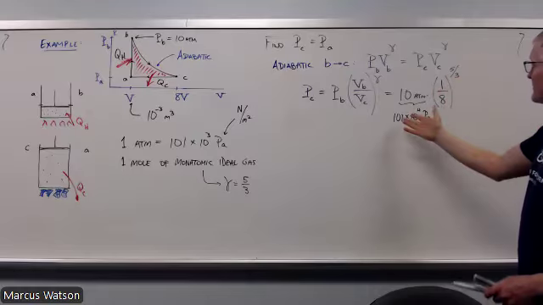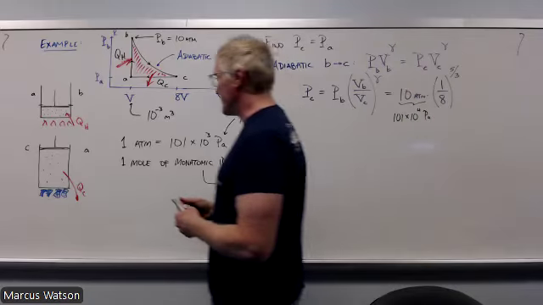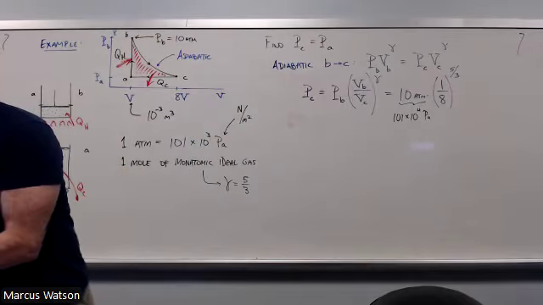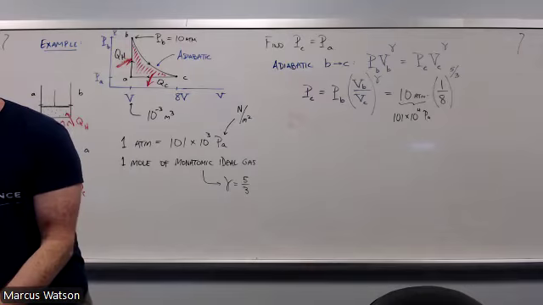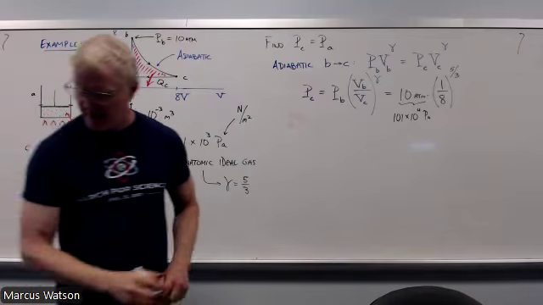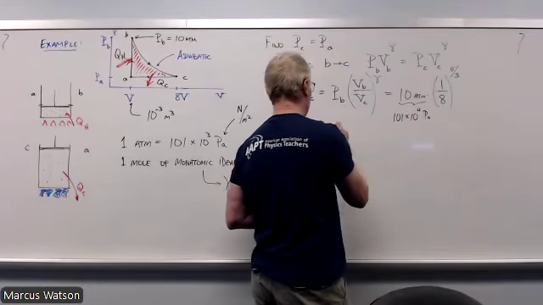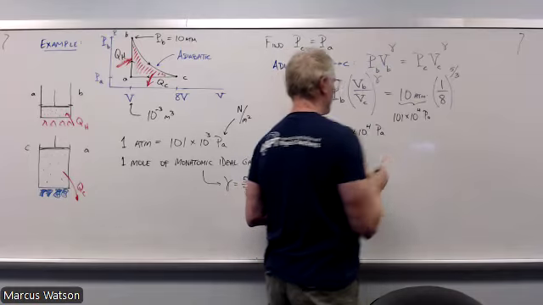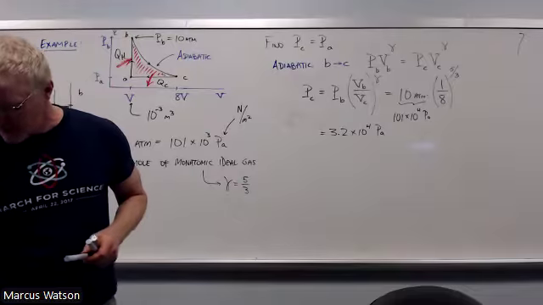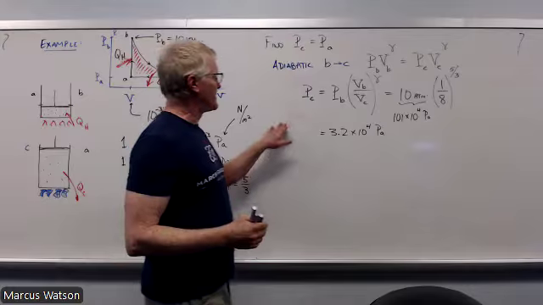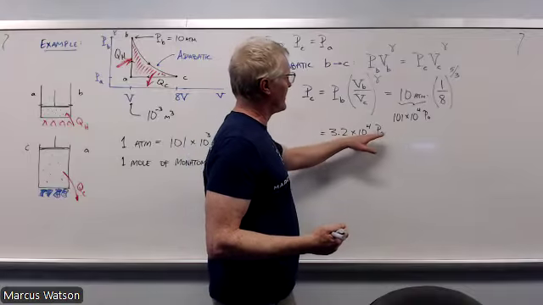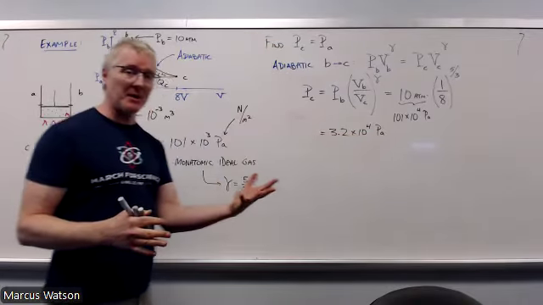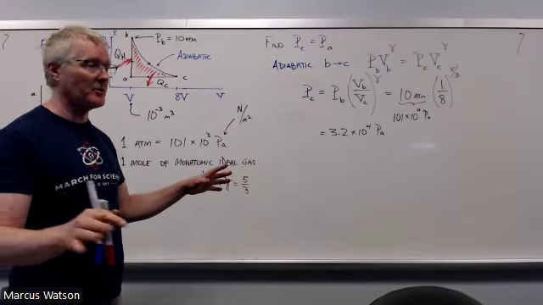Dealing with 1/8 to the 5/3, multiplying this, and that number turns out to be about 3.2 times 10 to the 4th pascals. Let's see, is that right? Yeah. It's a little bit less than 3.2, but I'll just round it off. Alrighty? Okay, checkpoint on pressure at C. That's the same as pressure at A, so we should be all good to go in terms of state variables.